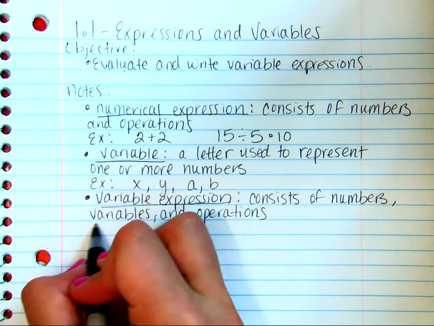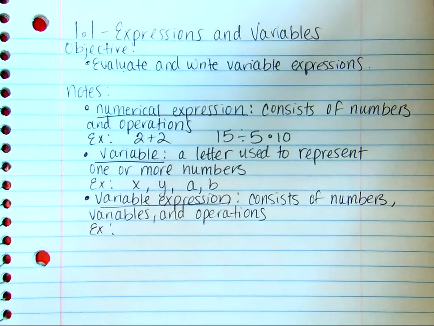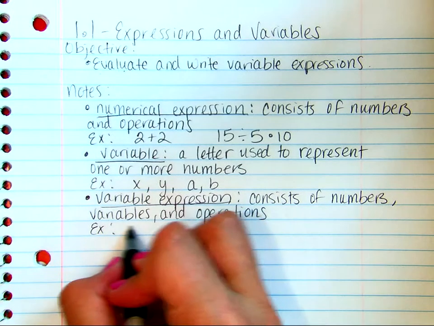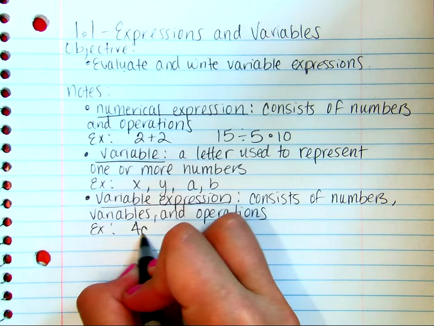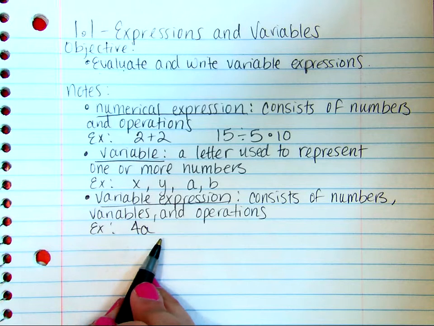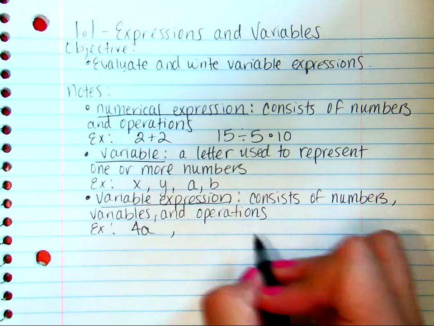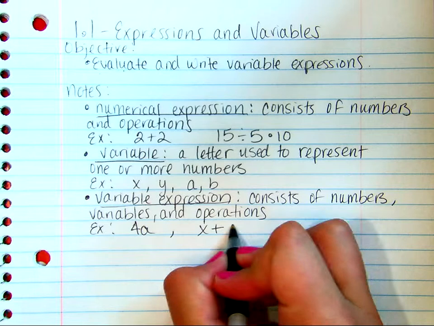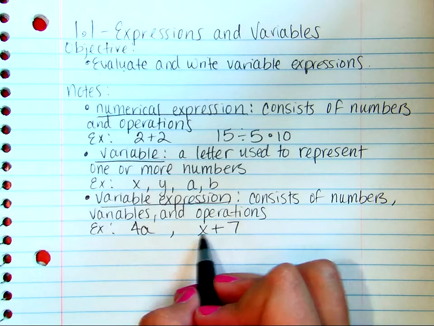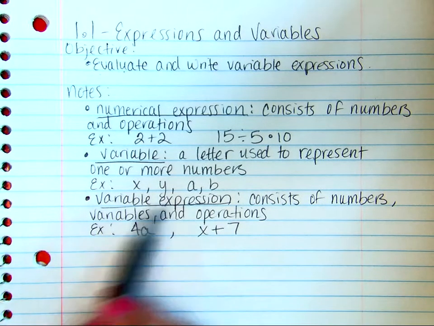So some examples of variable expressions might be 4A, because that means 4 times A. It's got a number, an operation, and a variable. Or maybe something like X plus 7: operation, variable, number. That's a variable expression.